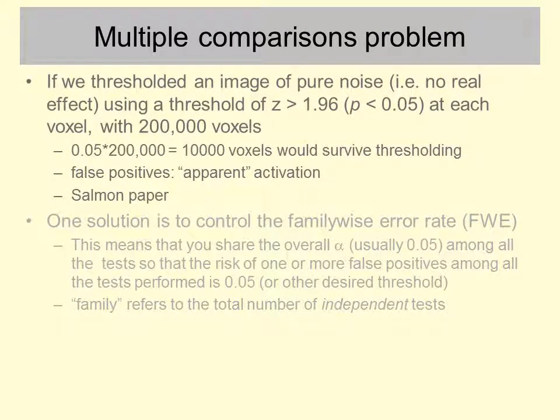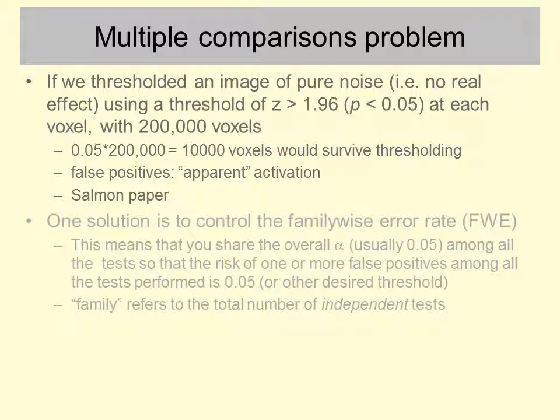So to look a bit more formally at the multiple comparisons problem, if we had an image where we only had noise, no experimental effects at all, and we thresholded it using a voxel-wise threshold of Z having to be greater than 1.96, i.e. if we also allow Z values of less than minus 1.96, then that corresponds to thresholding at a p-value of less than 0.05.